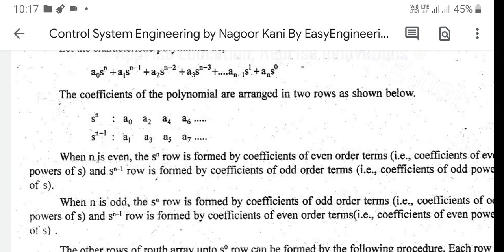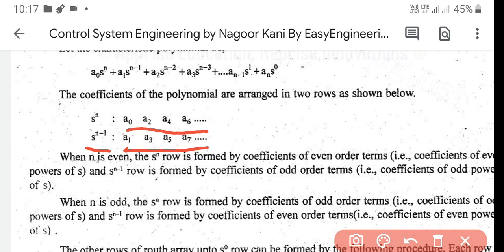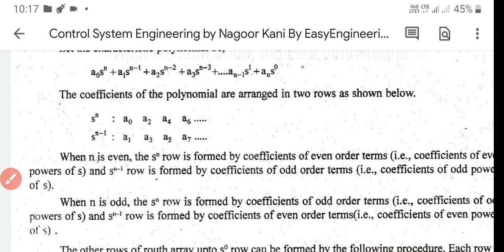So if n is even, you write the s^n row by considering all the even coefficients of the given characteristic equation. Since s^(n-1) is odd, you write all the odd coefficients of the characteristic equation, thereby framing the second row. This is vice versa for the other case.